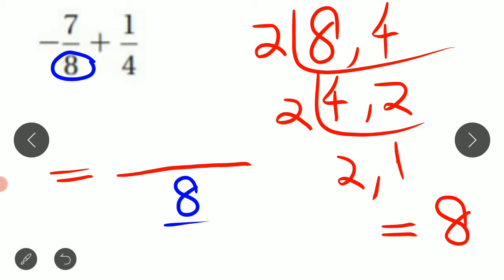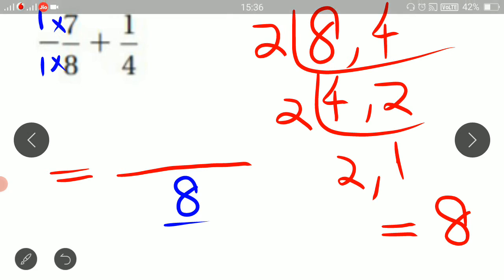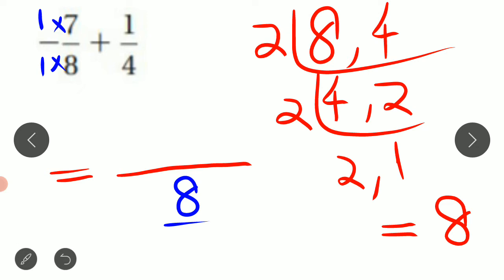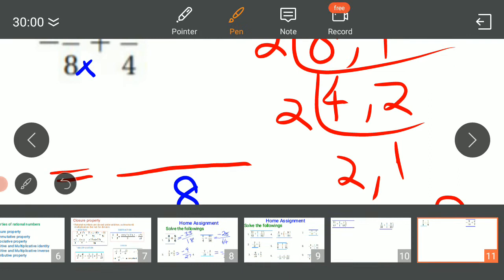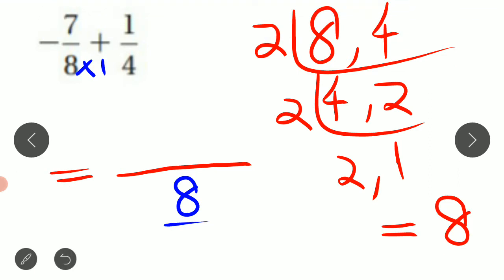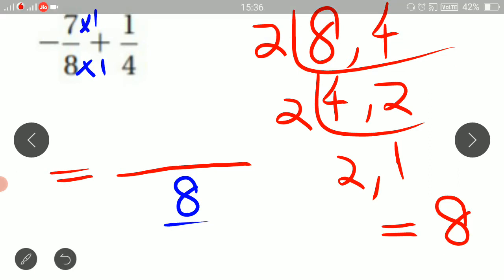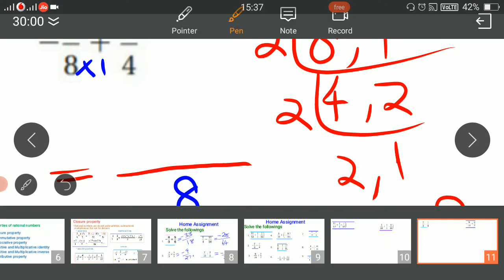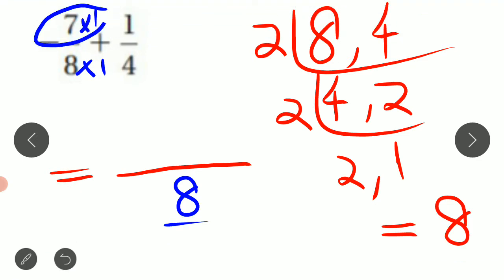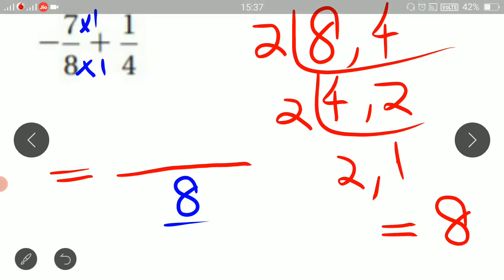With 8, what to be multiplied to get 8? 1, is it or not? 1 8s are 8. So with the same factor, let's multiply the numerator also. Because with 8 what to be multiplied to get 8? 1. With the same factor 1, let's multiply the numerator. So actually what is the numerator? Minus 7 into 1. This minus, don't forget. So minus 7 into 1, minus 7.